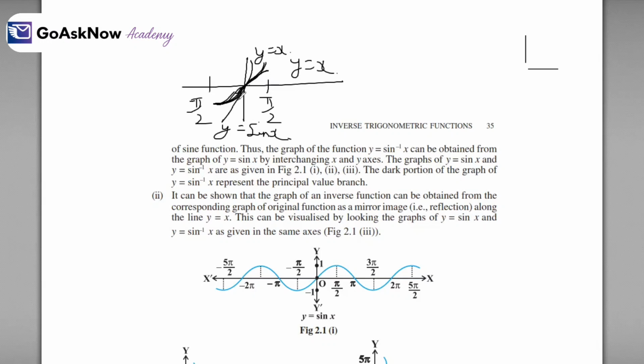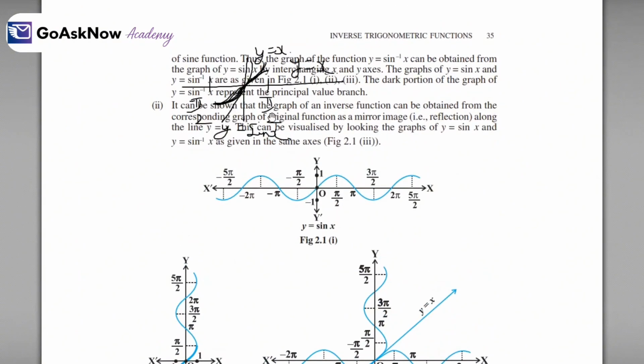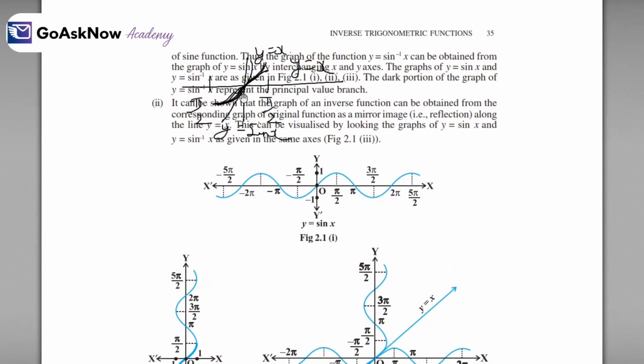And for this part you will get it like this, and for this other part you will get it like here.